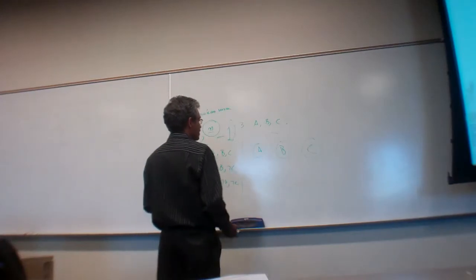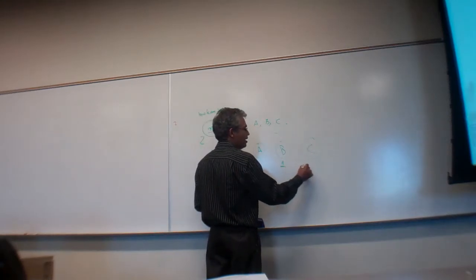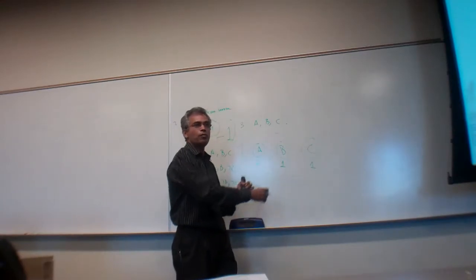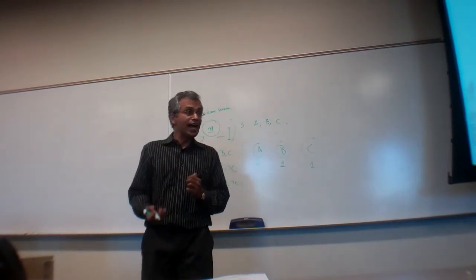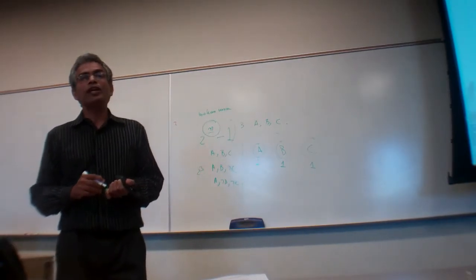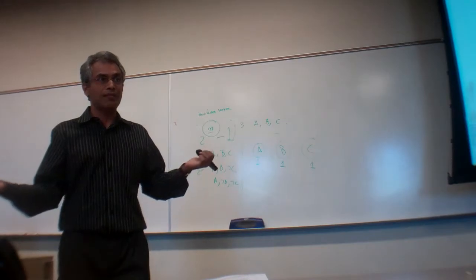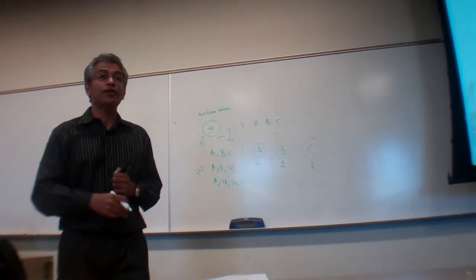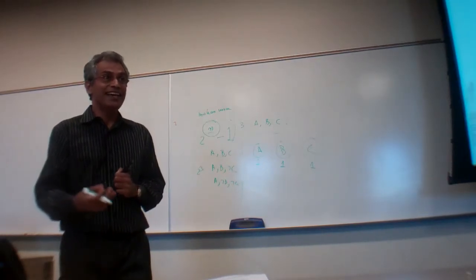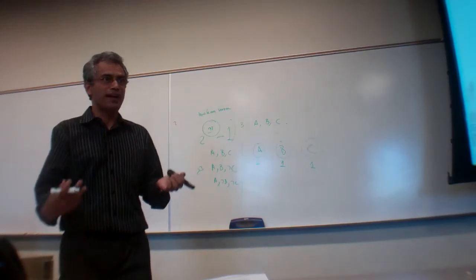In which case, you just need one number for A, one number for B, one number for C. That's the probability of A being true, the probability of B being true, the probability of C being true. Given that, you can compute any one of these entries because they're all independent. So instead of looking for 8 numbers, you can get by with just 3 numbers, which doesn't look like a huge thing normally, but if you have n equal to 10, instead of 2 power 10, which is 1024 numbers, you can get by with 10 numbers. If n is 100, then instead of 2 power 100 numbers, you get by with 100 numbers. Amazing. So you reduce the number of numbers needed.